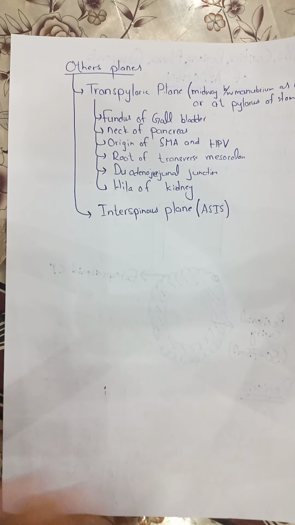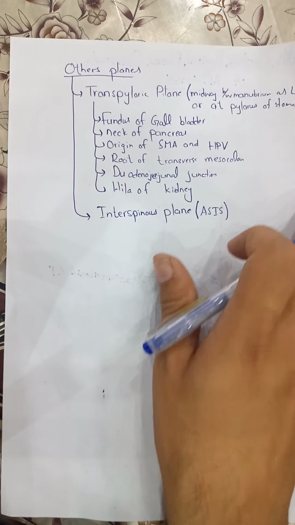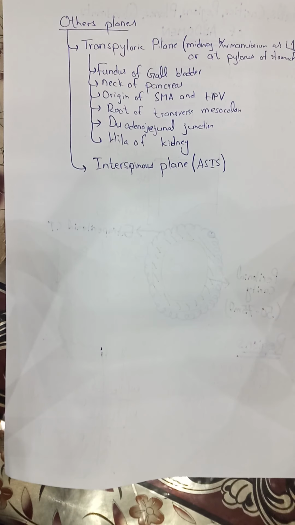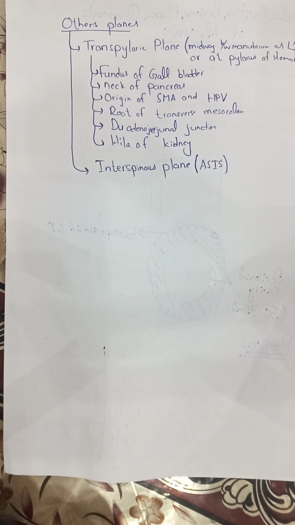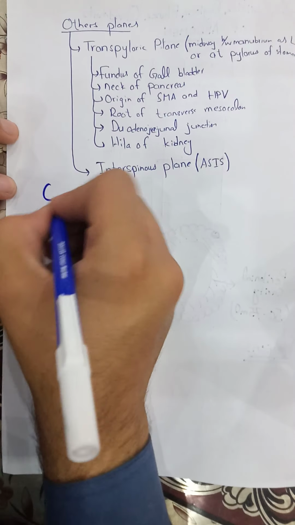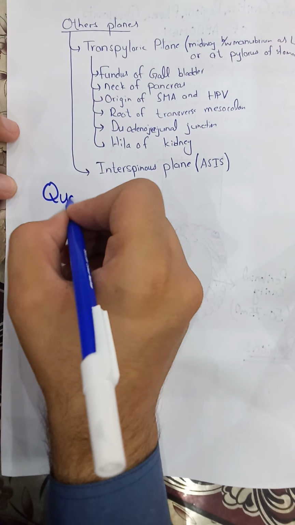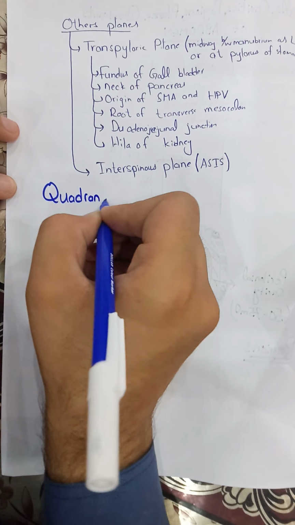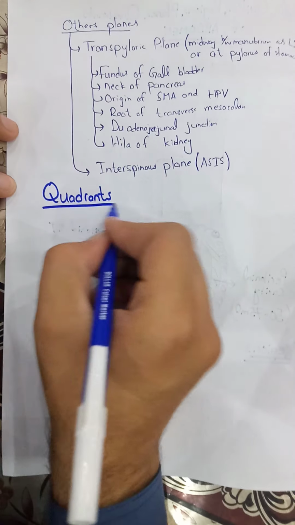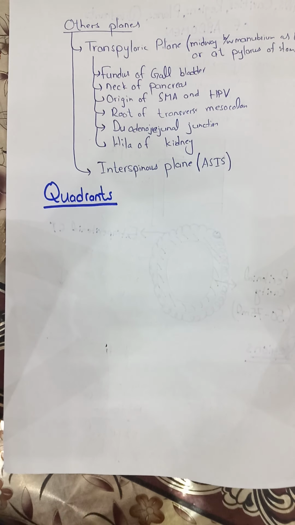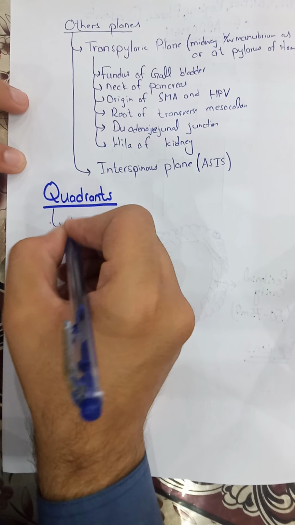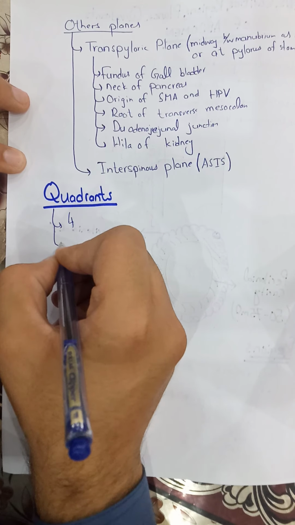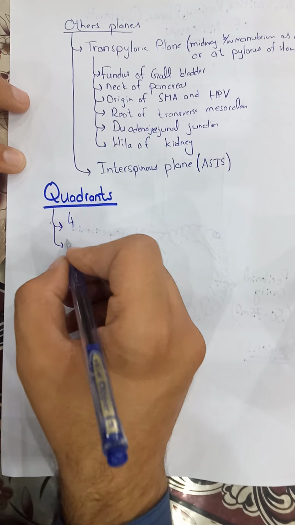Okay, now we will move toward the quadrants. Like we divided the abdomen into 9 regions, similarly we will divide the abdomen into 4 quadrants for descriptive purposes. So first of all, I will write the heading here. So there will be 4 quadrants, and to make these 4 quadrants we require 2 planes.